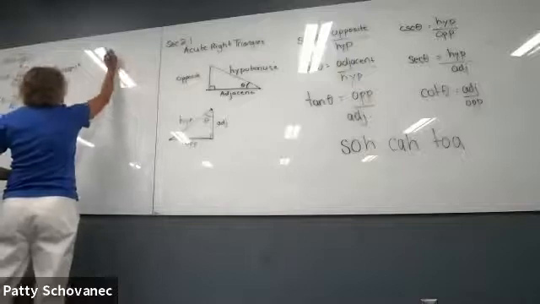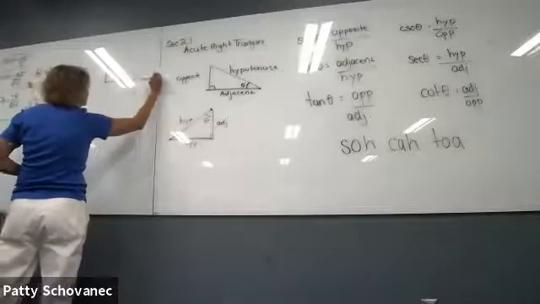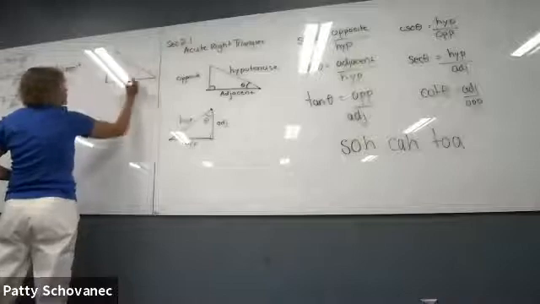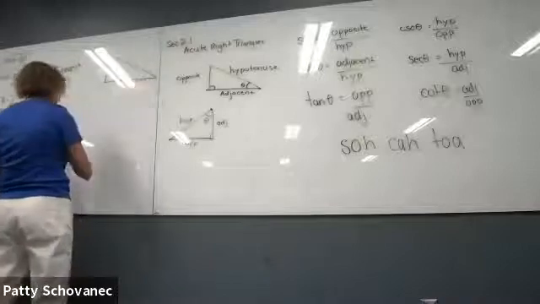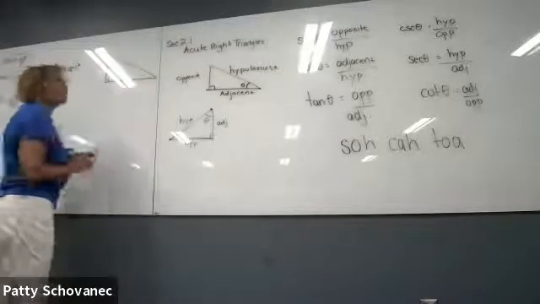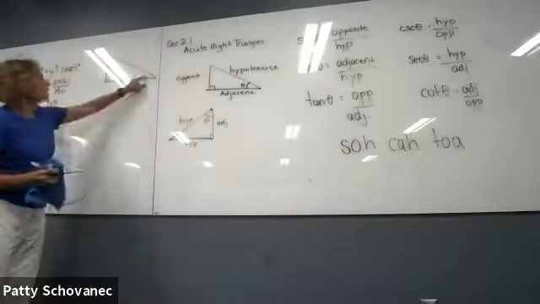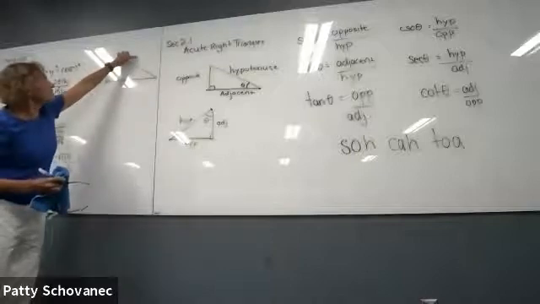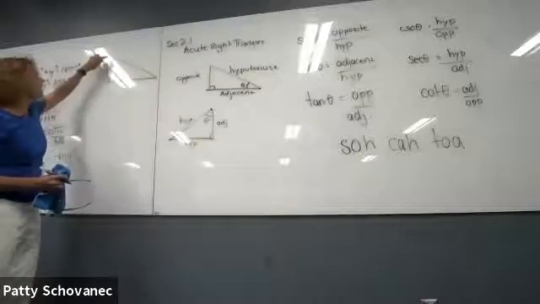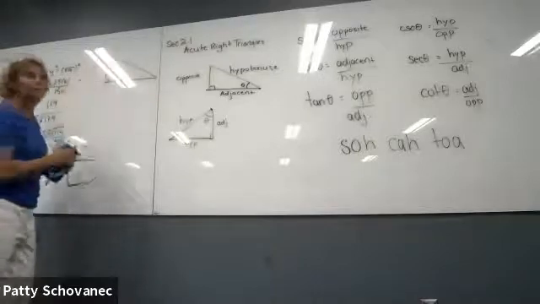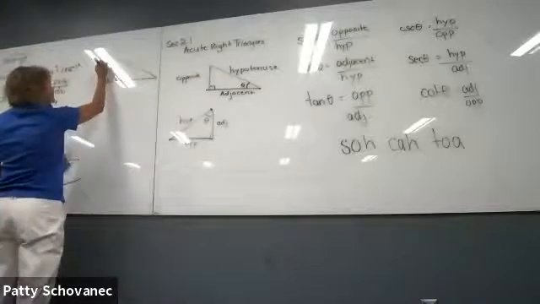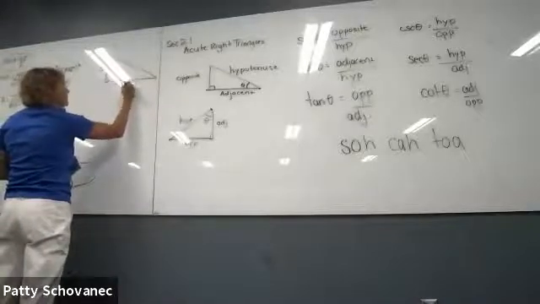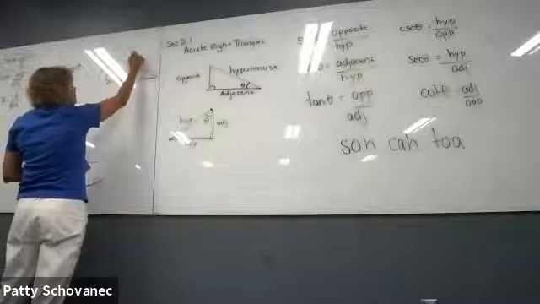You do know that in any triangle, the smaller angle is opposite the smaller side. The largest side is opposite the 90-degree angle, and that leaves these two left over. So let's put this side is 5, this one is 12, and that one is 13.